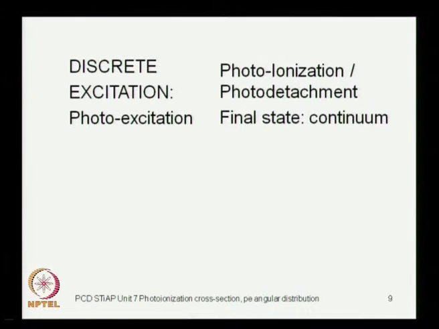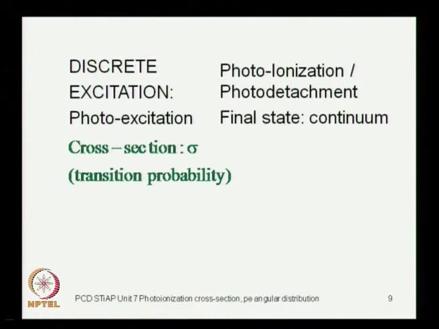So, that leads to some very interesting phenomena such as autoionization resonances, and I will mention some of these in the later part. So, you measure what is called the cross section, which is actually transition probability, okay. And transition probability is scaled according to certain relationships, I will explain this. And then the usual measure for the transition probability is in terms of what is called a cross section.